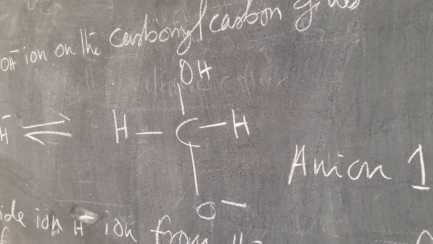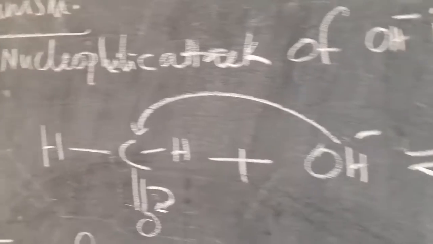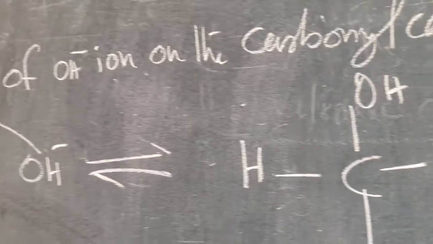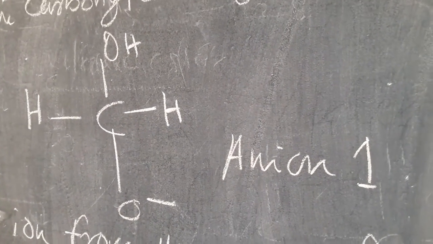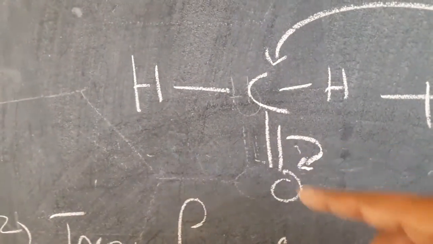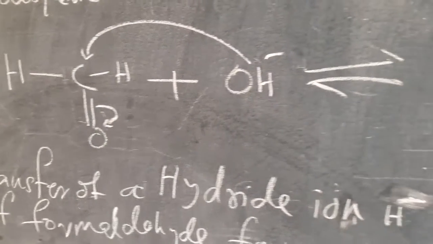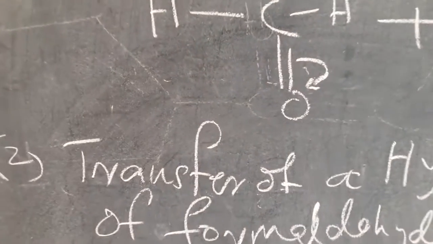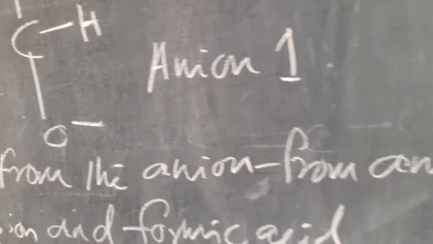This is one molecule of aldehyde and this is OH minus reacting and forming anion 1, addition taking place. OH minus is adding to this carbon and naturally the electronic transition will be taking place, oxygen will get a minus charge.